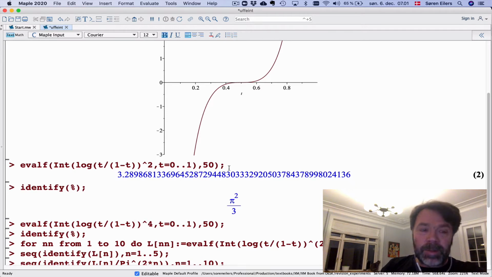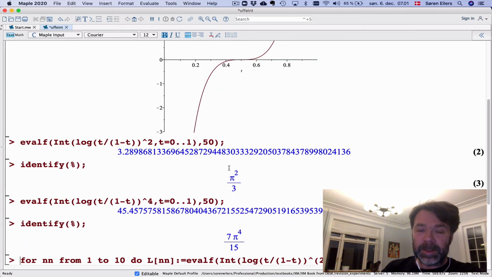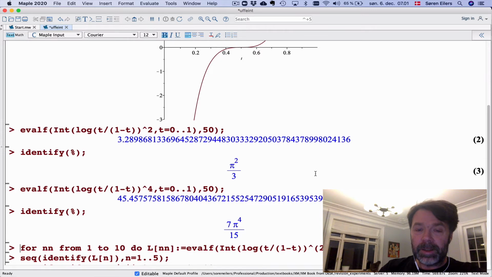So getting a good approximation is not an issue, and we can see that if I give myself something like 50 digits, then I find a number that looks very promising. Indeed, this is as simple as pi square over 3. And I could do the same with the fourth power. That takes a little longer. I can identify it, and I get 7 pi to the fourth power over 15.